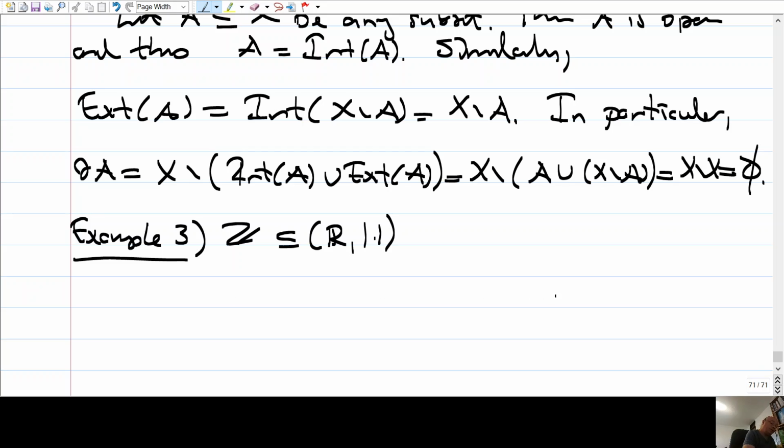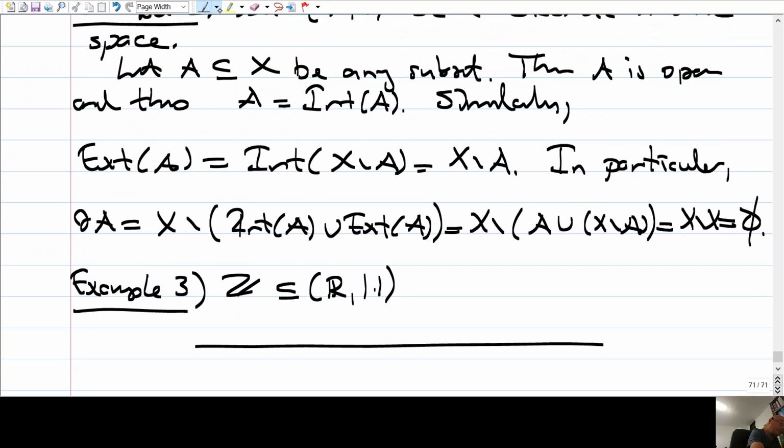What about the interior points of the integers? So they are the points 0, 1, 2, and so on, and -1, -2, and so on.